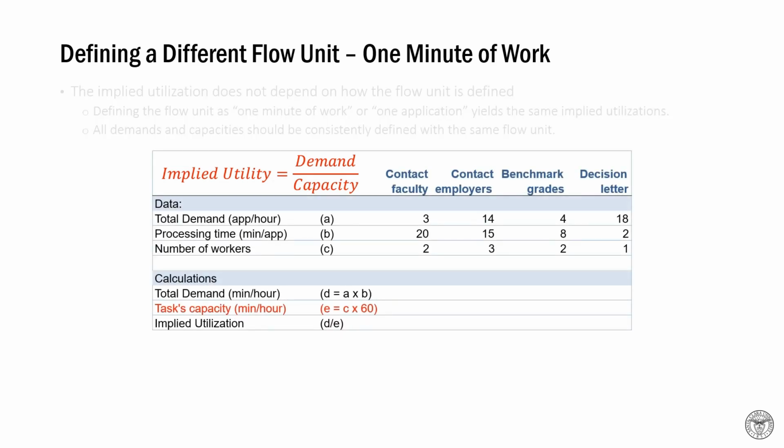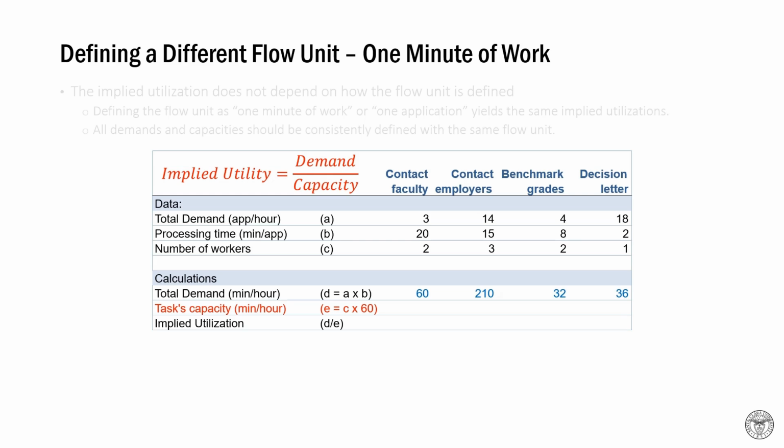Next, let's compute the total demand for each resource. For the contact faculty task, with 3 applications per hour, and each application requiring 20 minutes of work, the total demand is 3 multiplied by 20, resulting in 60 minutes of work.